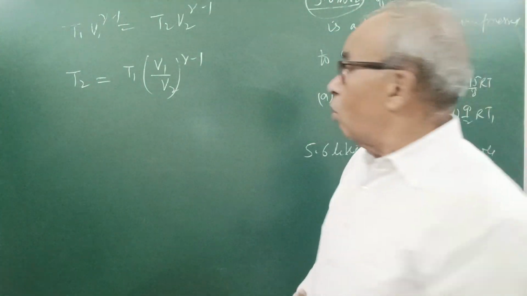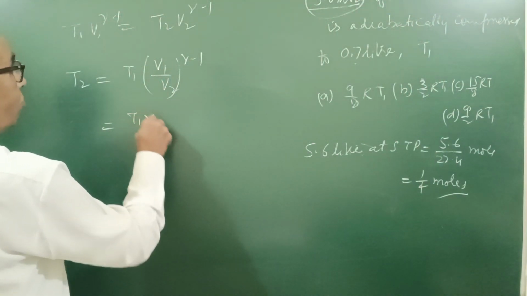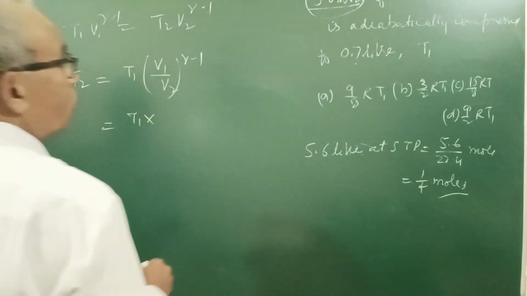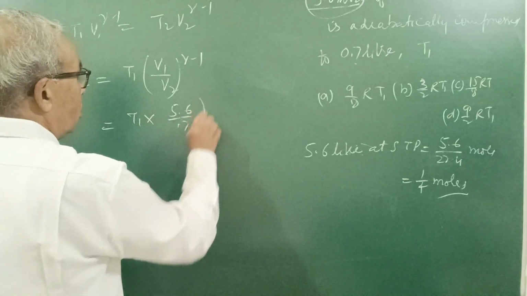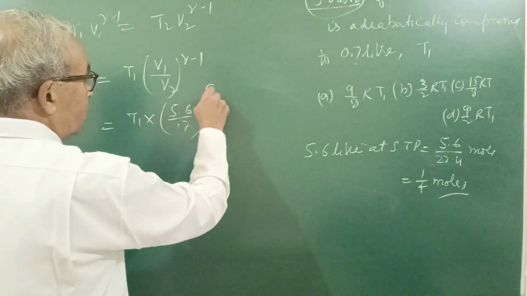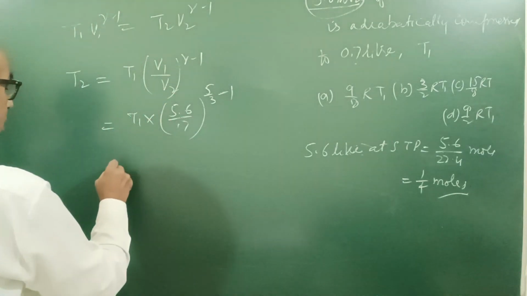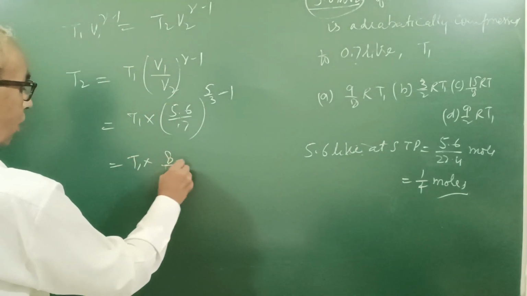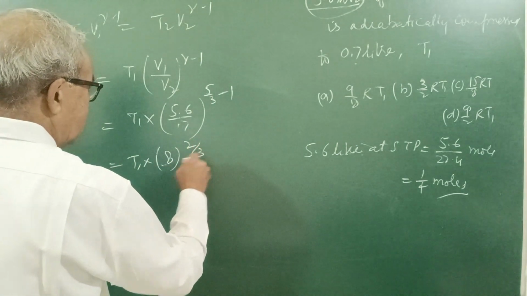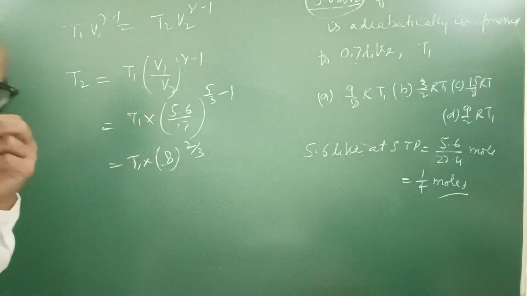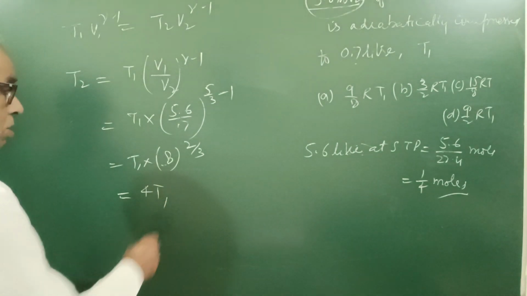This we have to remember. T1 is T1 only, V1 upon V2 is 5.6 upon 0.7, to the power 5/3 minus 1. So it is 8 to the power 2/3, which is 4. So 4 T1 is this temperature T2.